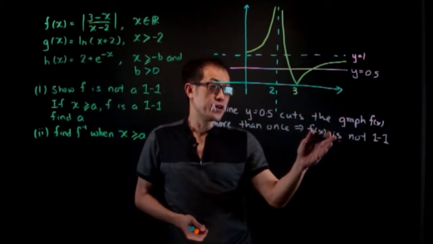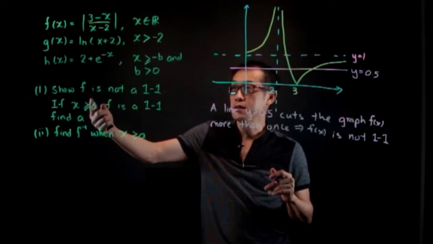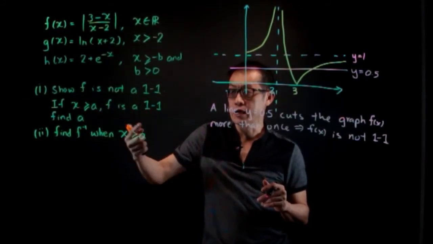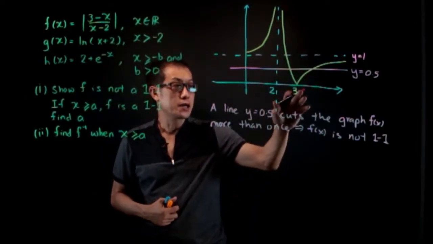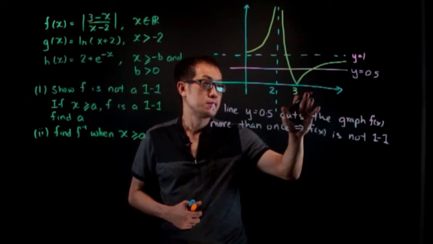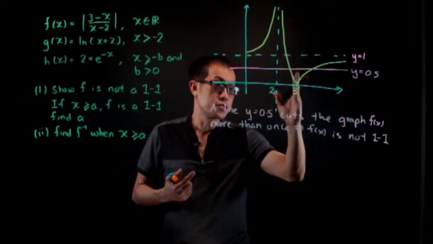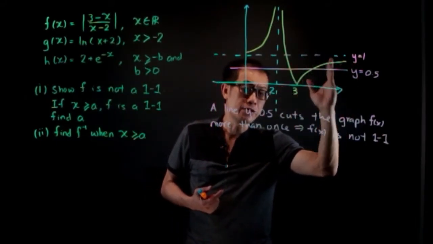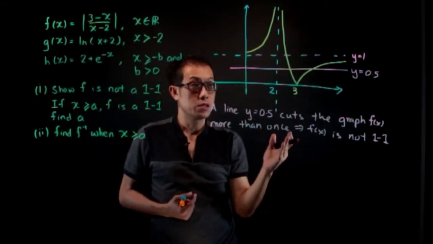Now, what is the least value of a such that the function is a one-to-one, for x greater than a? What is the least value? If you look at this graph, you realize that if we restrict the domain such that x is greater than 3, anything greater than 3, then the graph is a one-to-one.